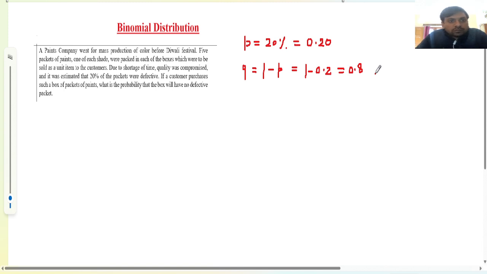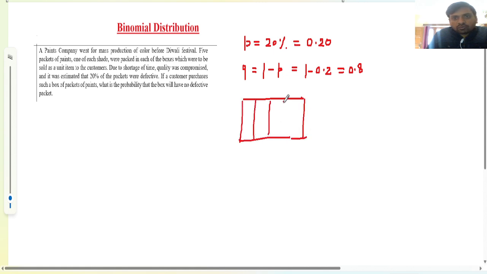So now there is a box. In this box there are 5 packets. 1, 2, 3, 4, 5 packets are there, and the probability of defective is 20%, right? So if a customer purchases such a box of paints, what is the probability that the box will have no defective packet?